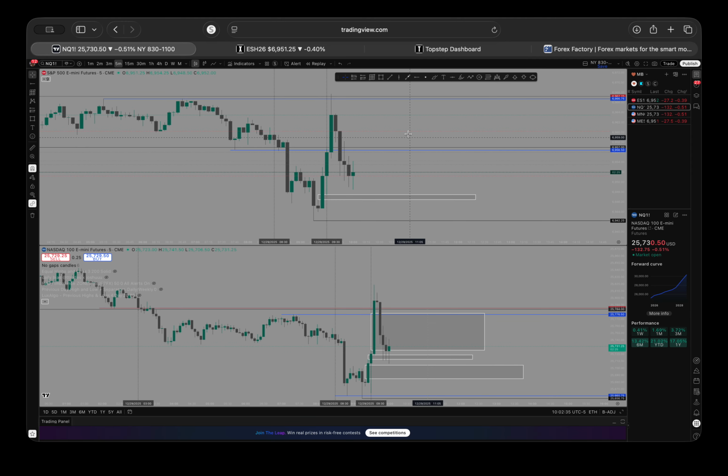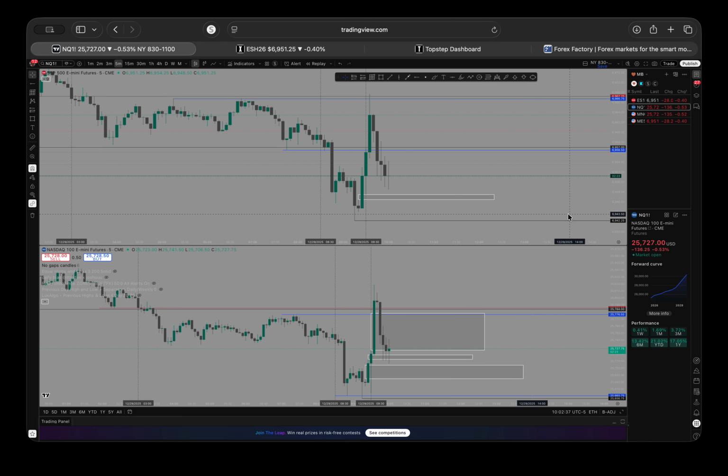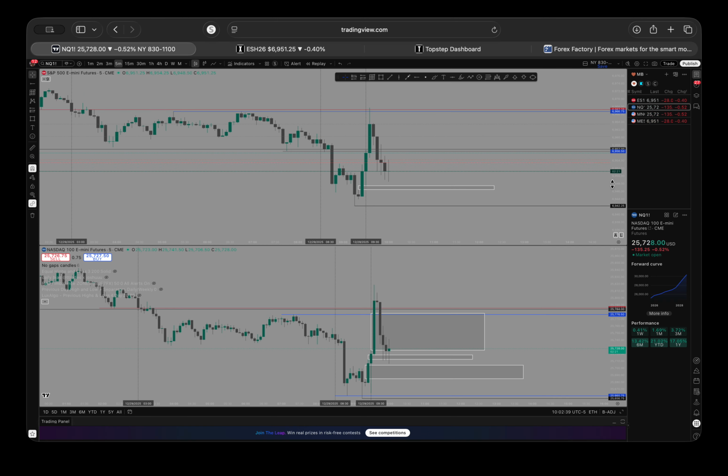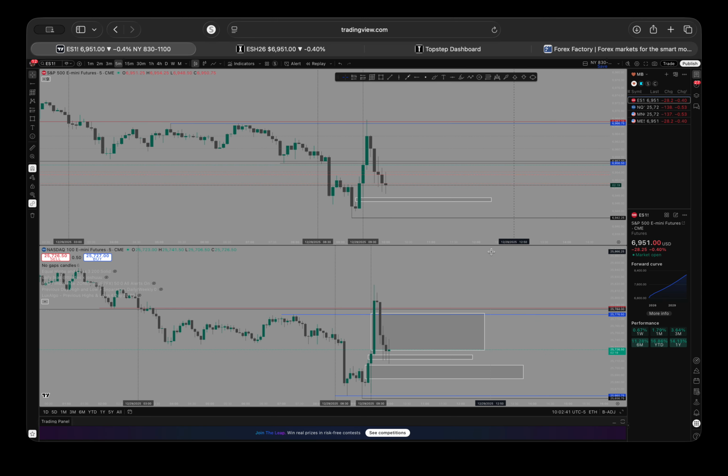Yeah, this equilibrium was not honored. Which is cool. This desperately wants to get into this gap. Desperately wants to get into this initial gap that was made right in the pre-market.